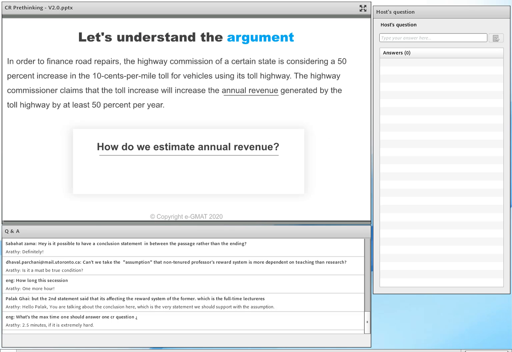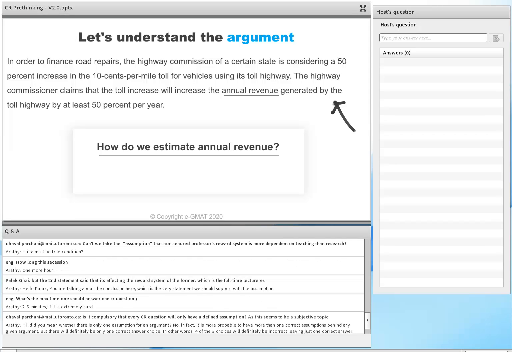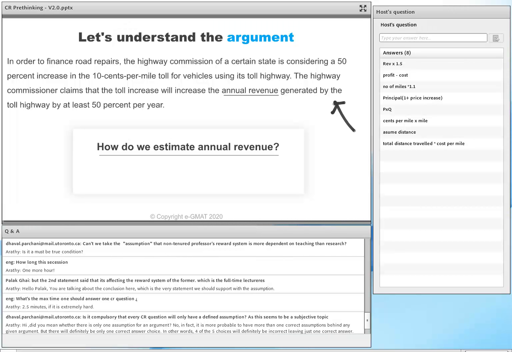So how do we estimate annual revenue? Can you guys tell me? And here is the argument which is there for you. How do you estimate annual revenue? Okay. Now what's the formula? Number of miles, total distance traveled, and cost per mile. And again, you get a clue from this 10 cents per mile toll that's given.